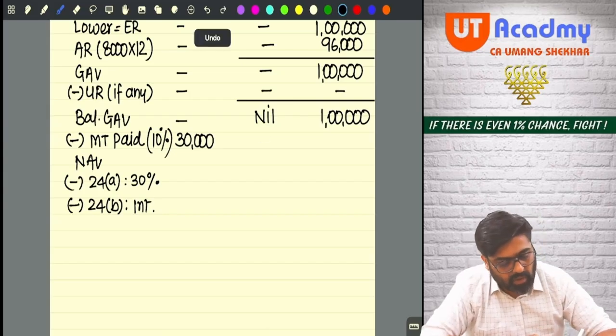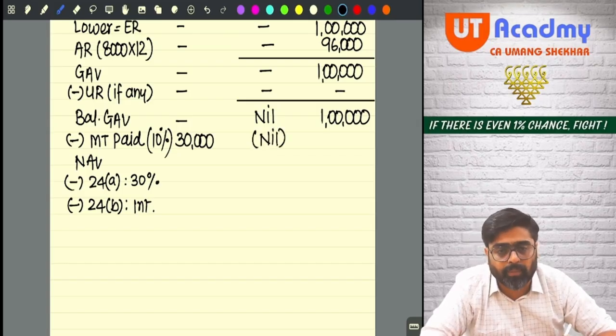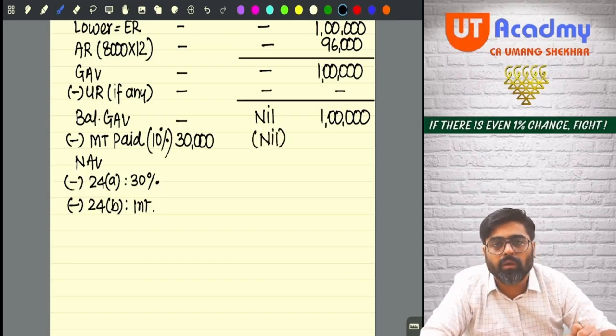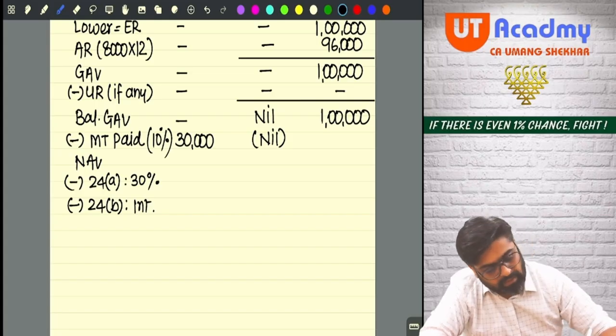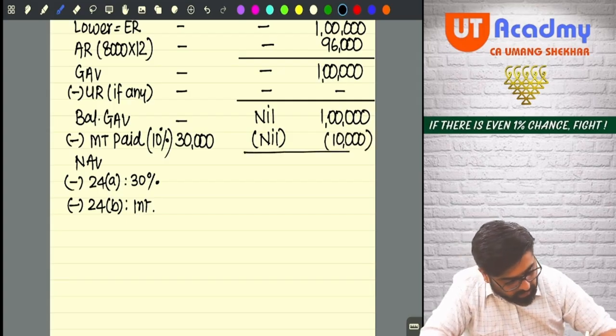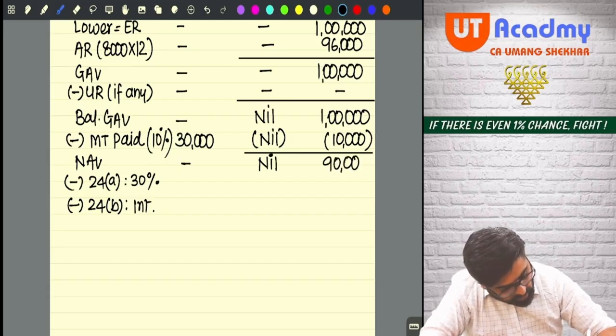Dash, or I can say nil. 20,000 which relates to SOP portion will not be allowed, because for SOP portion I am claiming exemption and any municipal tax relating to SOP portion will not be allowed as a deduction. Yes or no? Then the balance 10,000 which relates to LOP portion, 1/3 amount, will be allowed as a deduction from LOP portion. Yes or no? So the NAV will here be nil and it will be 90,000 in LOP portion.